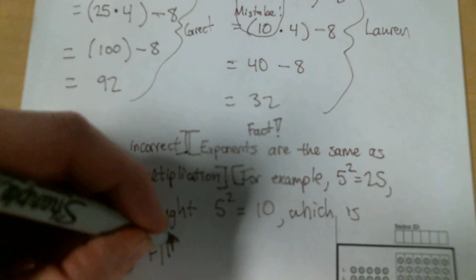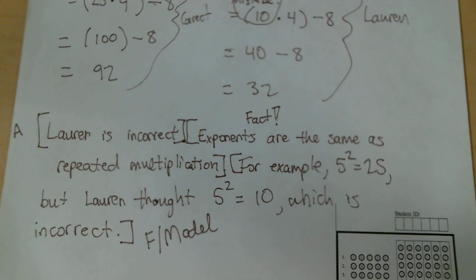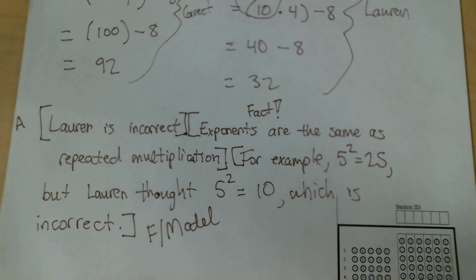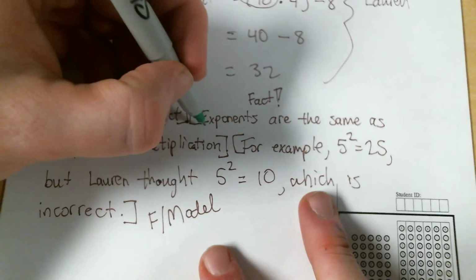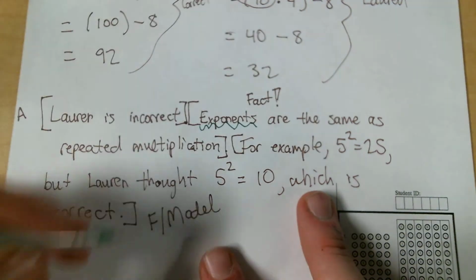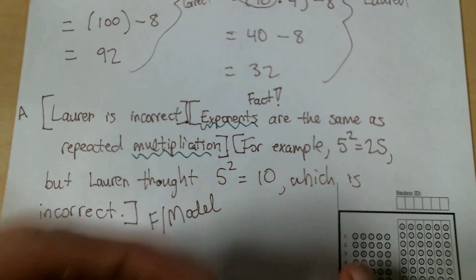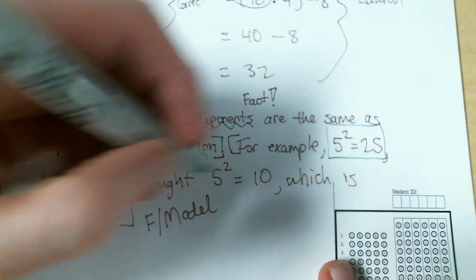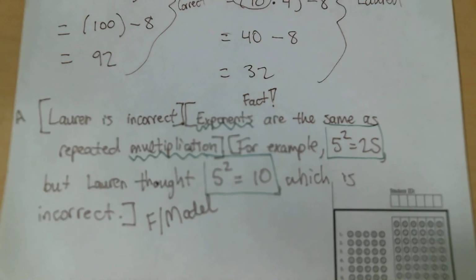So we've satisfied all the parts of the MathWriter CFS. We've even got some good vocab words in here. I've got exponents. I've got multiplication. And I've even included some examples in my work. So overall, this doctors up our explanation and makes it look pretty fancy.